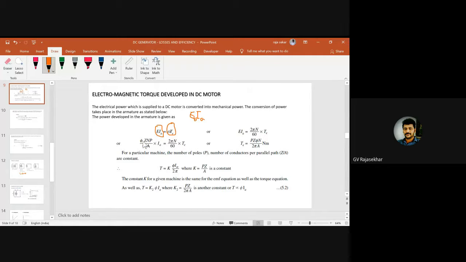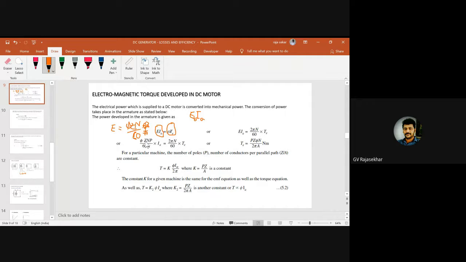We know that E is equal to phi Z N by 60 into P by A. That is the EMF equation, which we are substituting here.